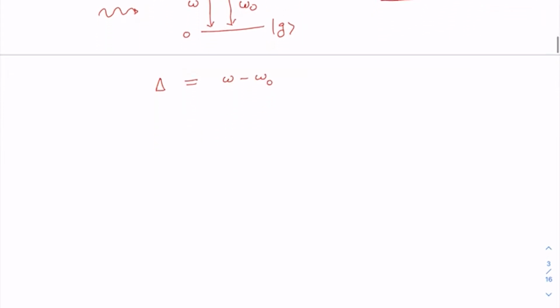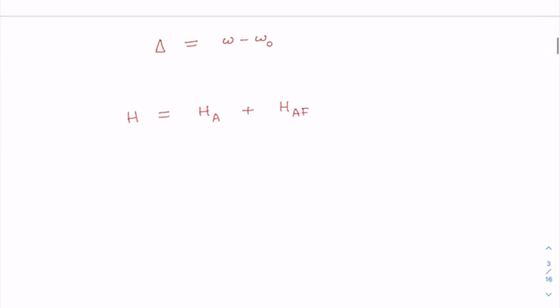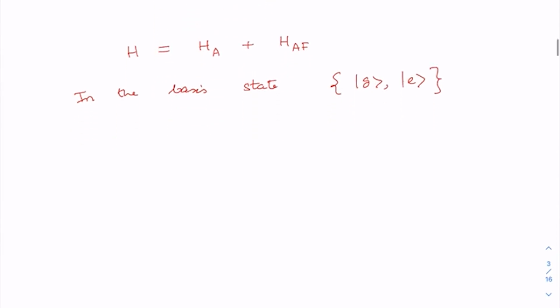We can write the Hamiltonian for the atom and the field as a sum of the free atomic Hamiltonian, that is say H_A, and the atom-field Hamiltonian, let me write it as H_AF. In the basis states |g>, |e>, we can express the free atomic Hamiltonian H_A in this way.